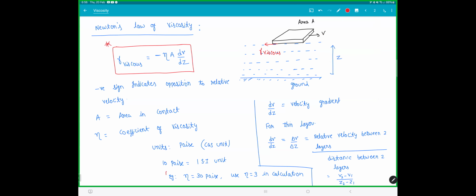So these are the two things you need to remember. Let me show an example of how this works.